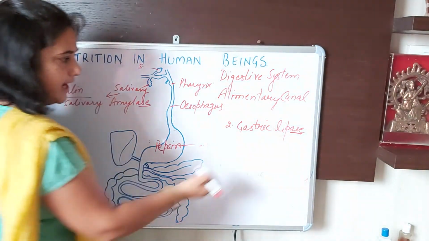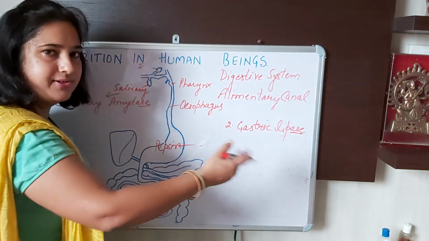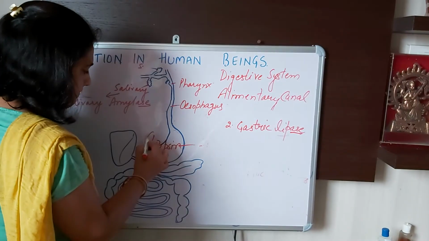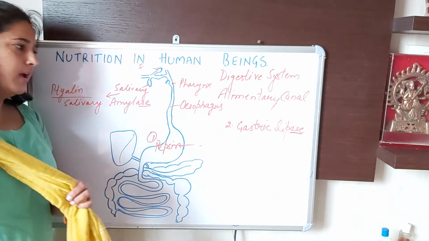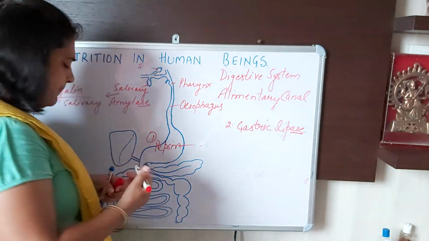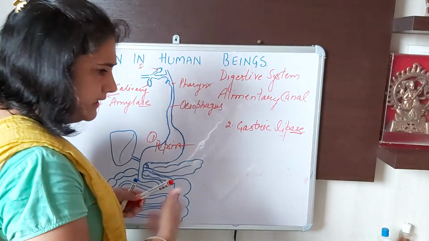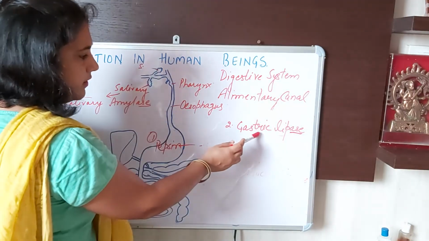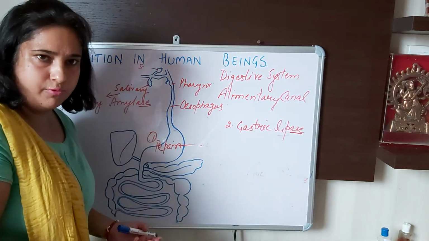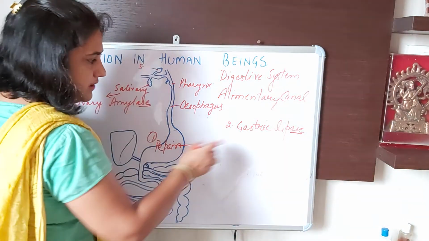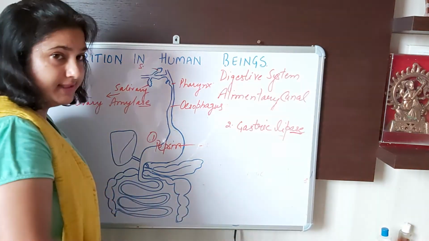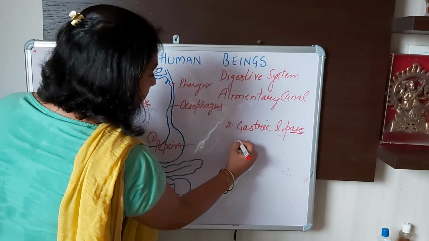Ase means an enzyme, and lipase obviously digests the fats. So number one, pepsin is there. Number two, gastric lipase is there. Wherever the word gastric comes, it is related to the stomach portion only, the abdominal area. So number one is pepsin, number two is gastric lipase, and the third which was left was the mucus.